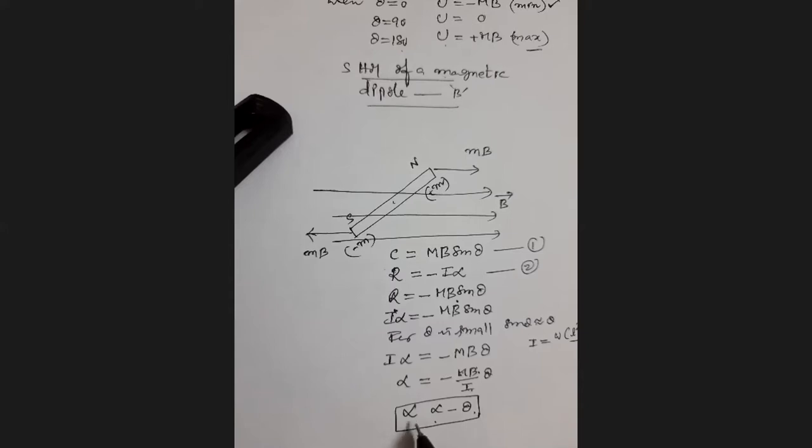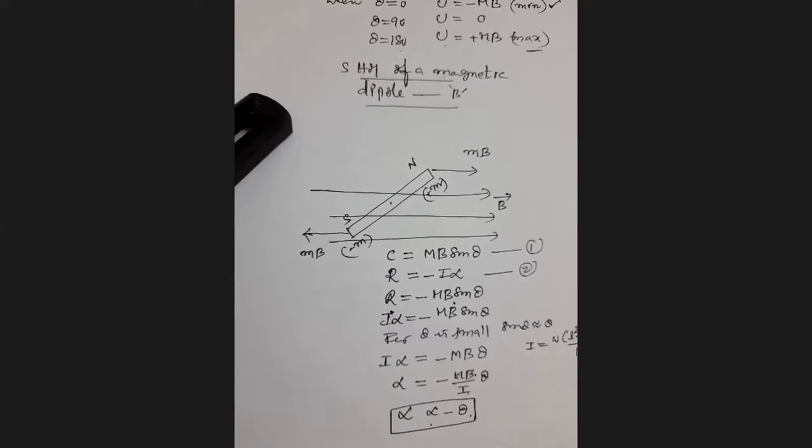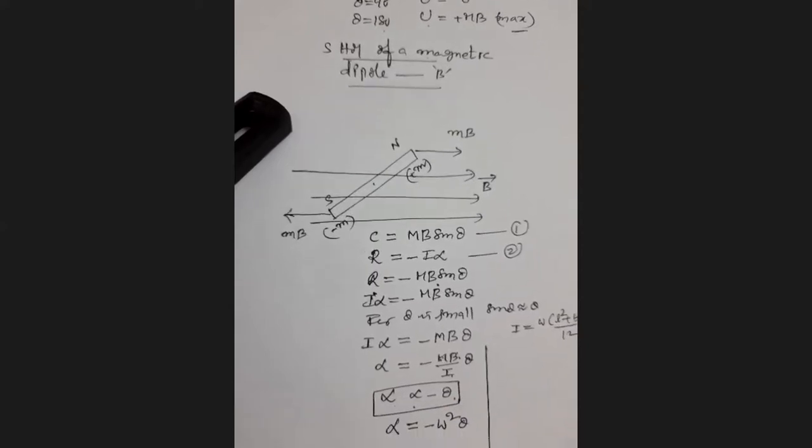This is the condition required for simple harmonic motion. Since the condition of angular simple harmonic motion is satisfied, the relation between angular acceleration and theta is alpha equal to minus omega square theta for angular SHM. Now compare equation 3 and equation 4. You can write omega square equal to MB by I, then omega equal to root of MB by I. This is the angular frequency.